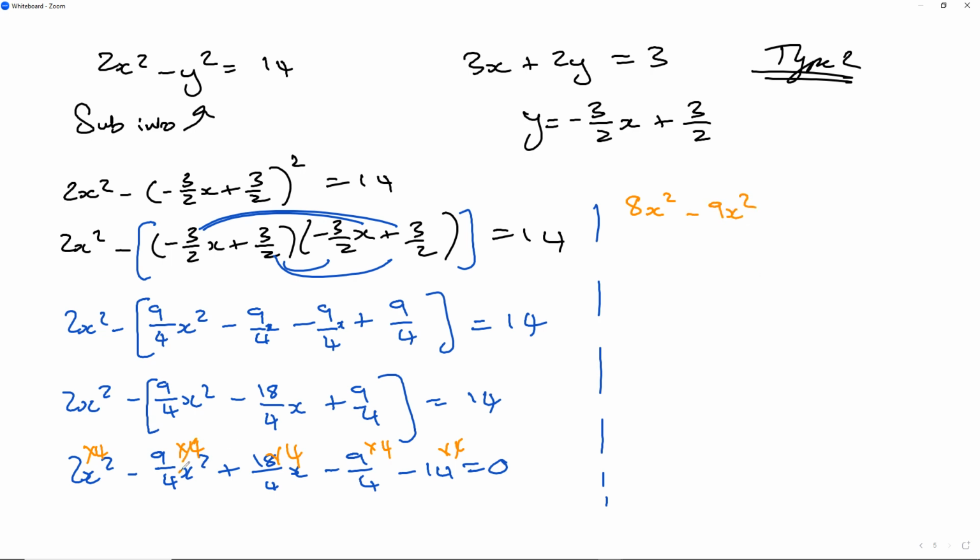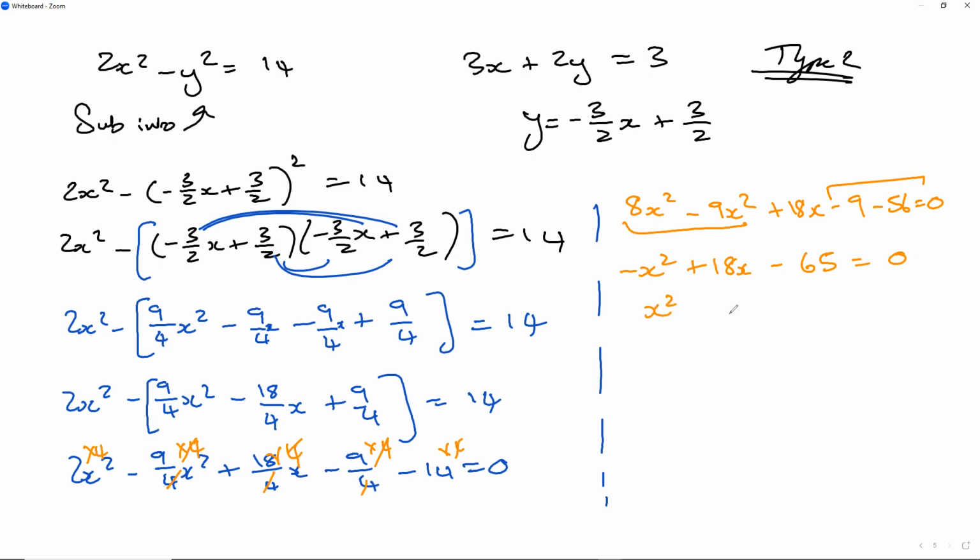The 4s will cancel there. 4s will cancel here, getting you plus 18x. Over here, negative 9. And then 4 times 14 is 56. 28 times 2. And so I end up with negative x squared from those two terms plus 18x. Minus 9 minus 56 is minus 65.